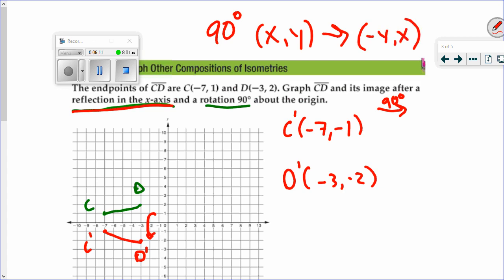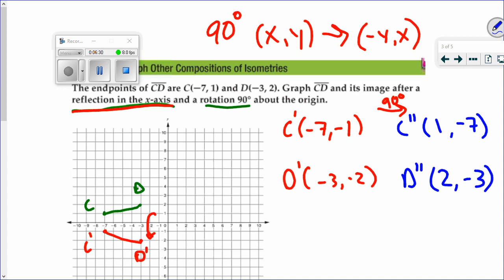So if we apply that to these two points, C double prime becomes 1, -7, because we change the sign of the y value and move it to the x. Then D double prime would become 2, -3.